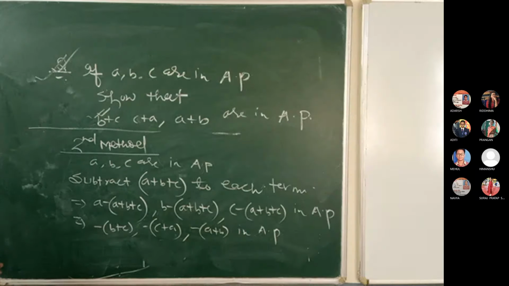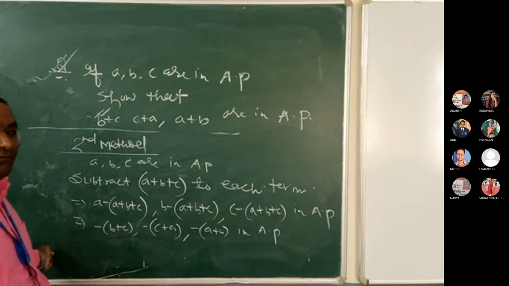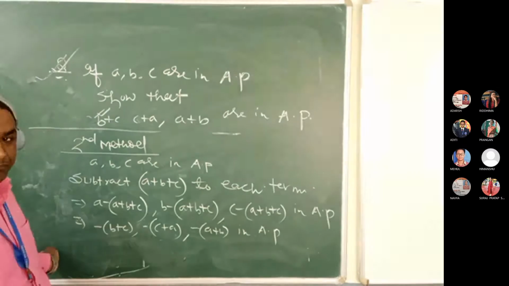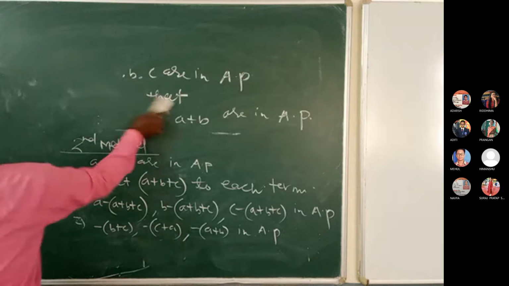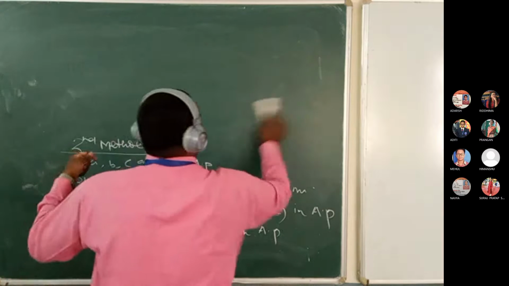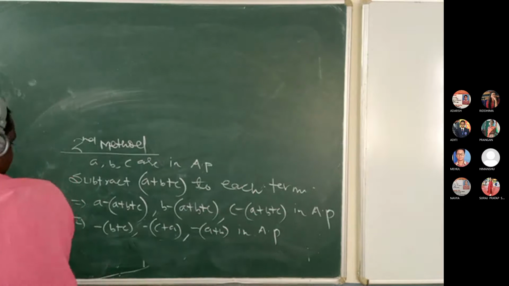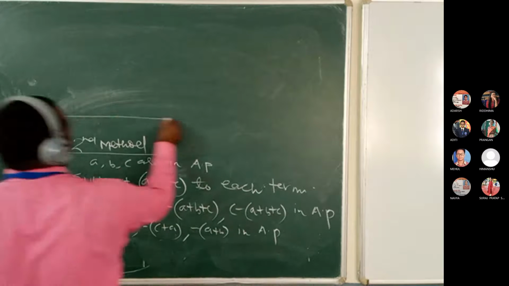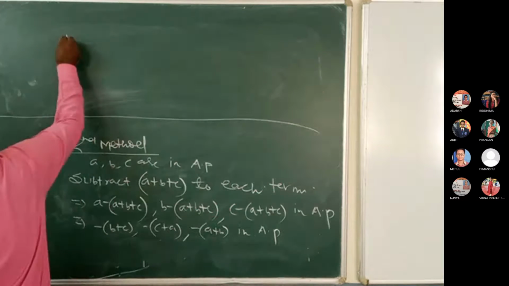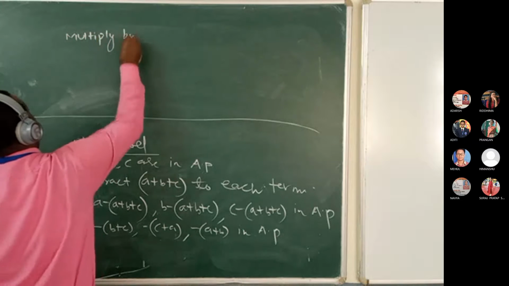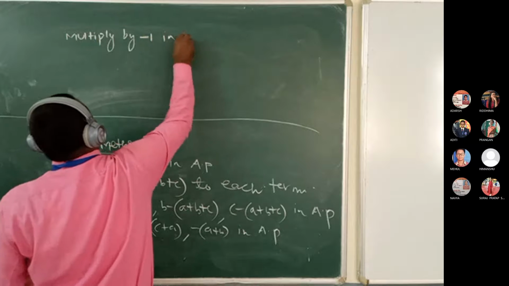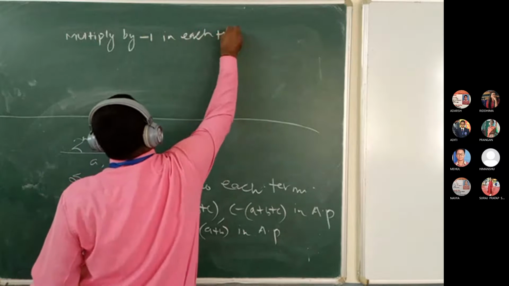Now, what is our next step? We just multiply by minus 1 in each term.